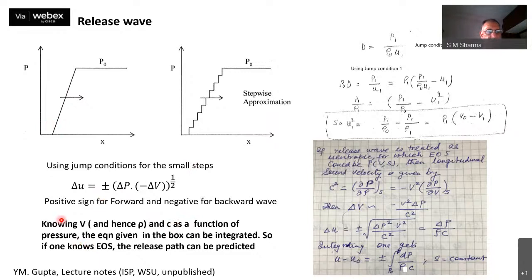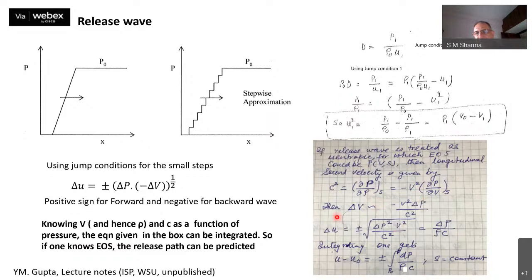So knowing volume, that means density, as a function of pressure, the equation can then be generated for how the particle velocity changes. I worked it out here. The release wave is treated as isentropic for the equation of state, for which P, V is a function of S. One can write down sound speed C squared is equal to the derivative of pressure with respect to density, which can be put like this.